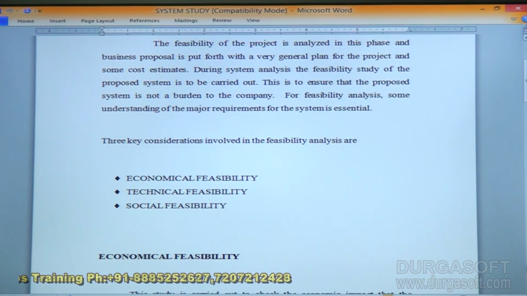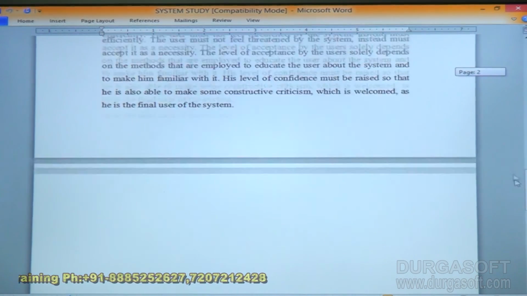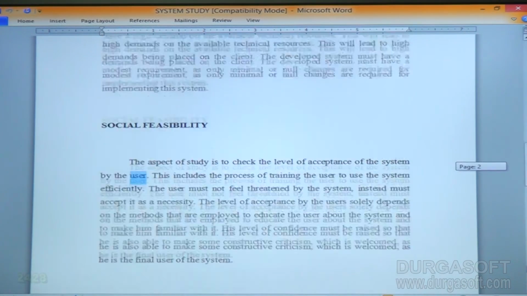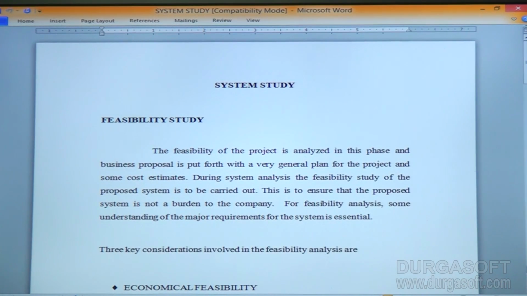Social feasibility is new, maybe I can repeat one more time. The aspect of social study is to check the level of acceptance of the system by the user, the social user particularly. This includes the process of training the user to use the system effectively, how effectively it can be used as a social system. Everything we can calculate and give the acceptance at the user level.